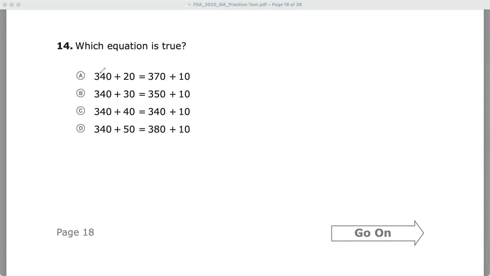So let's check this out. 340 plus 20 is 360. Does that equal 370 plus 10? 370 plus 10 is 380. So that is not true. Okay, 340 plus 30 is 370.